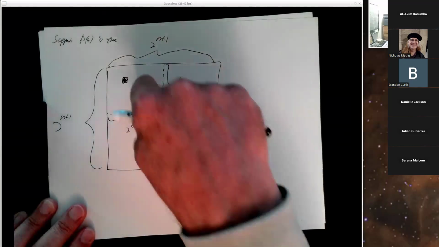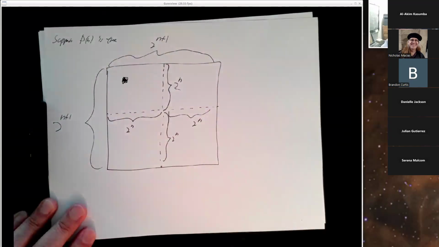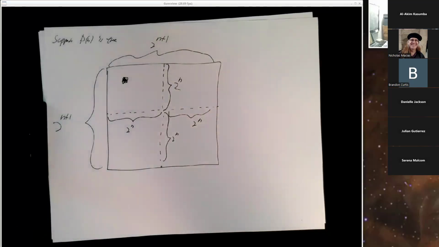And I claim I can tile this upper left quadrant using L-shaped pieces. And how do I know that I can do that? How do I know I can tile this upper left quadrant?